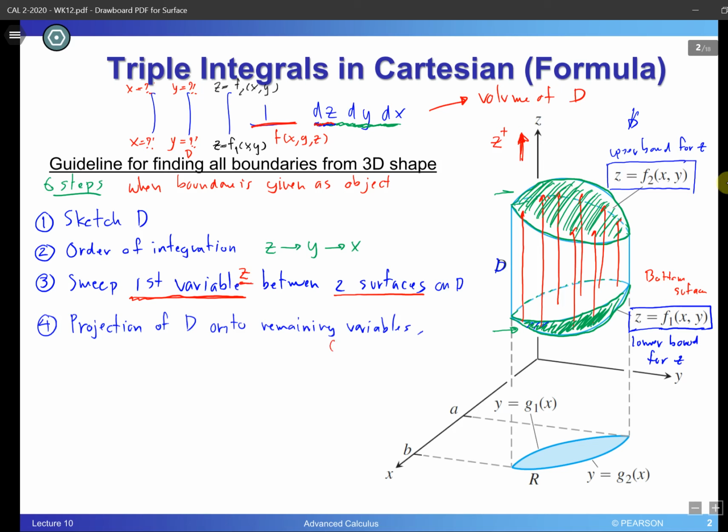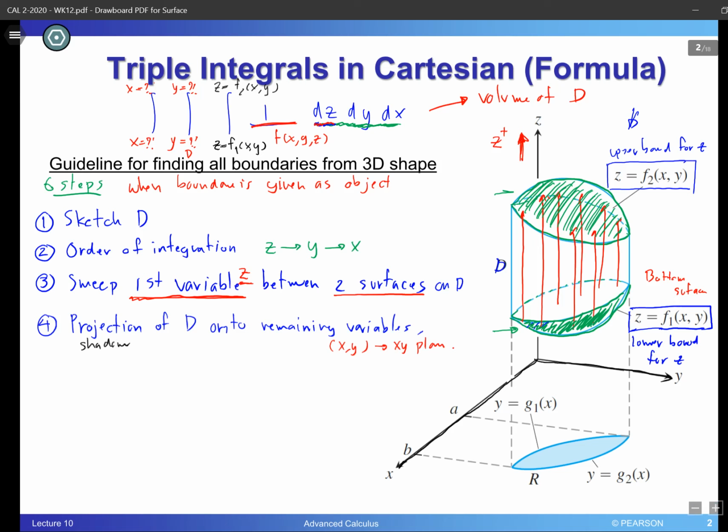So here is going to be x and y. And this means that it's going to be xy plane. We are going to find this projection of this object on xy plane. And xy plane is right here. So xy plane, this. And we are supposed to find the projection. Projection is like shadow. So we are going to find the shadow of this on xy plane.